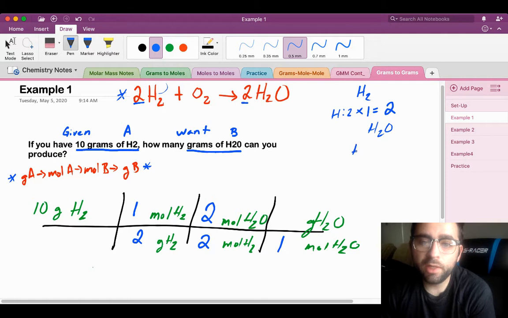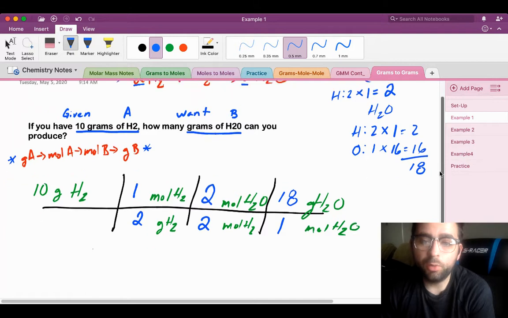H2O has 2 H's and 1 O, multiplied by the mass. In the periodic table, H is 1, and the mass of oxygen is 16. 2 times 1 is 2, 1 times 16 is 16. So overall, my mass for water is 18 grams. So that goes right there, 18 grams per mole.